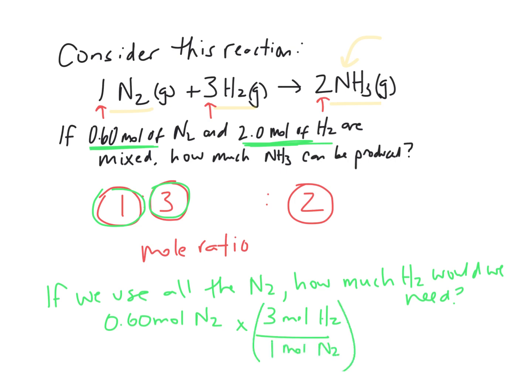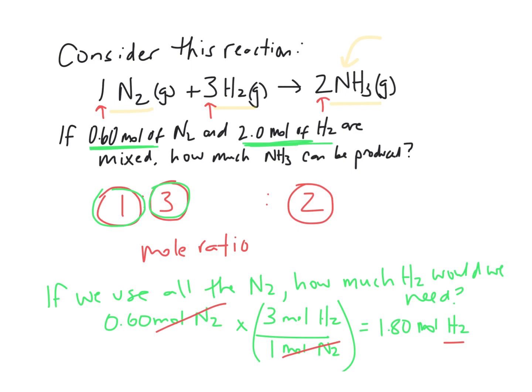So if we were going to use all of the N2, we would need 1.8 moles of H2. And just to make sure you're multiplying or dividing correctly, I highly recommend you set it up this way so that your units will yield the units you want, moles of H2. That's why I'm setting it up as a conversion factor like this.